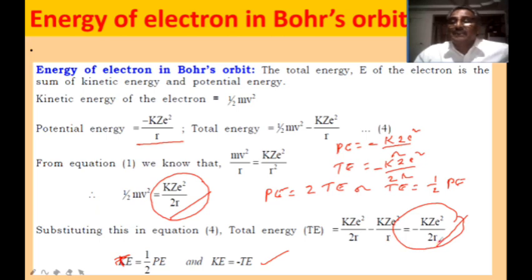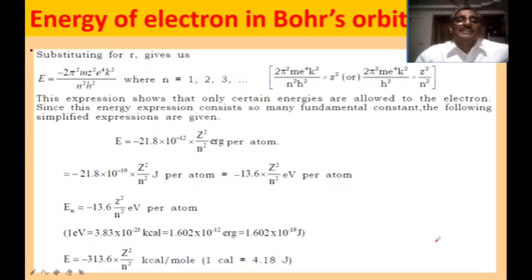Let us substitute the value of r in this equation. We already know the value of r. r is equal to n square h square by 4 pi square m e square Z into k. We already calculated the value of r: r is equal to n square h square by 4 pi square m kZ into e square.